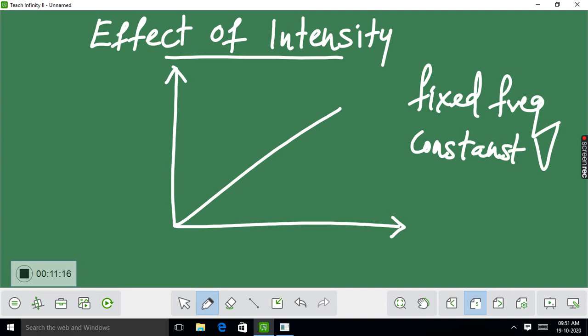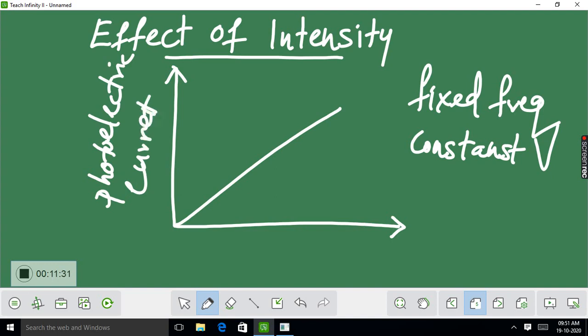Photoelectric current is measured for different intensities of radiation.